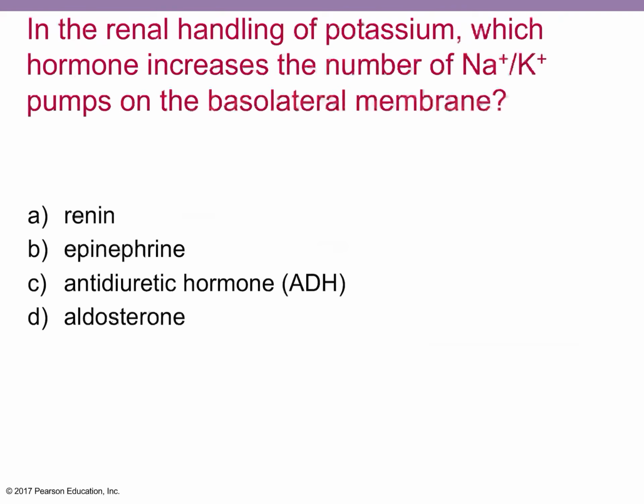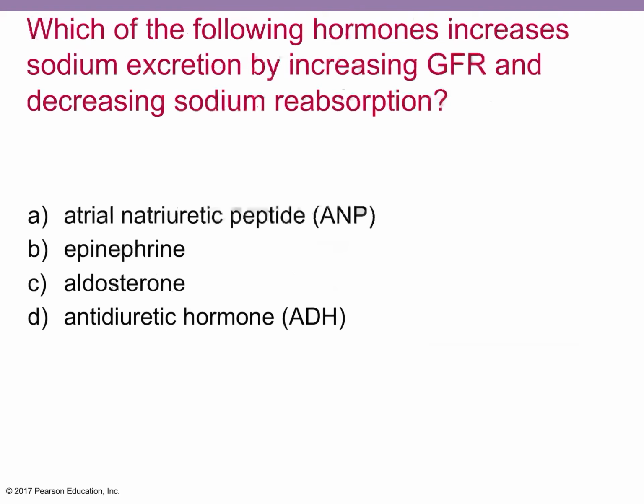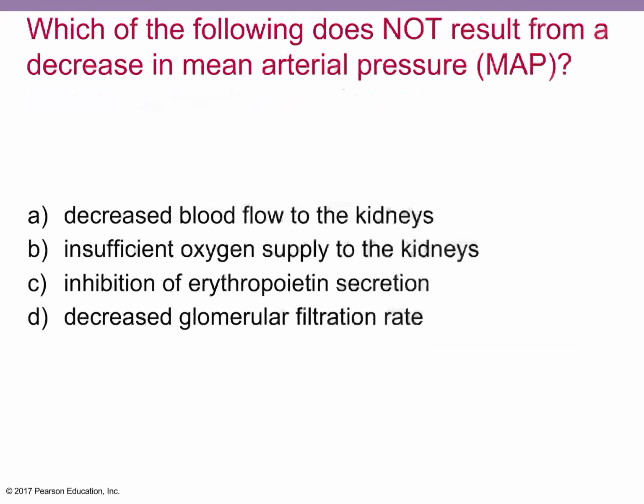The answer is aldosterone. Which of the following hormones increases sodium excretion by increasing GFR and decreasing sodium reabsorption? That would be A, atrial natriuretic peptide. Which of the following does not result from a decrease in MAP, mean arterial pressure? And the answer is C.